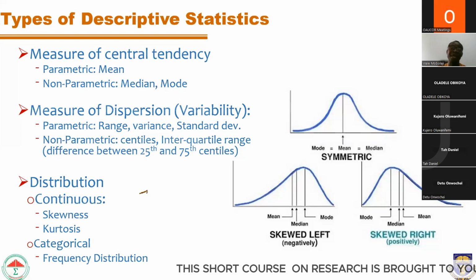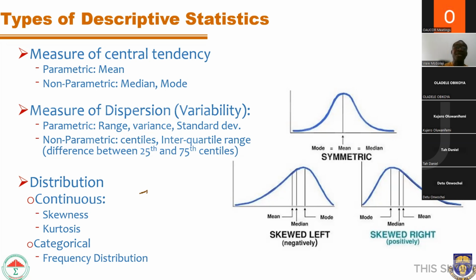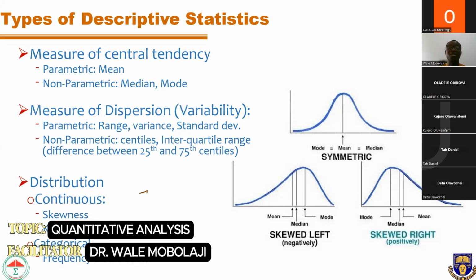Each time you are talking about your mean, it is an average, and the actual values of the respondents could be less than the average or more than the average. That's what the minimum and maximum will reveal, this is the minimum, this is the maximum value, but this is the average. So you need the standard deviation to tell us the standardized range of deviation from this mean. That is what standard deviation would do.